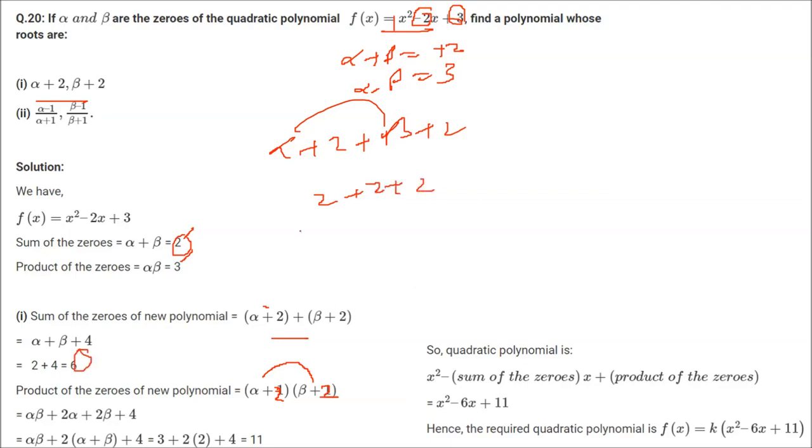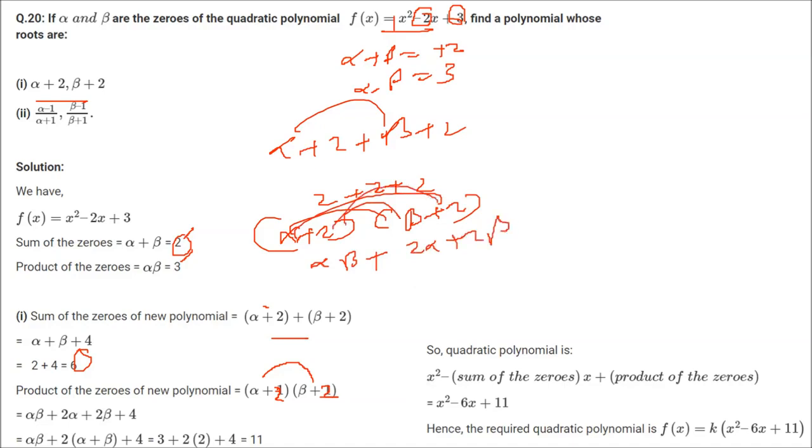Then multiply them. Alpha plus 2 into beta plus 2. So alpha beta plus 2 alpha plus 2 beta plus 4. So alpha beta, take a 2 common: alpha plus beta plus 4. So now put a value. Alpha beta is 3. Put a value 3 here. Alpha plus beta is 2.